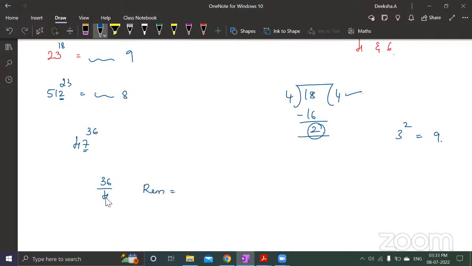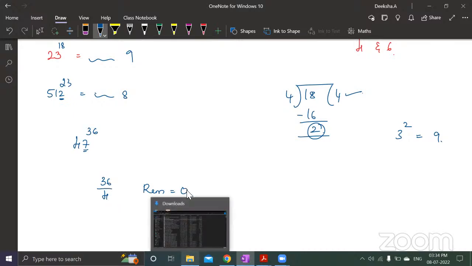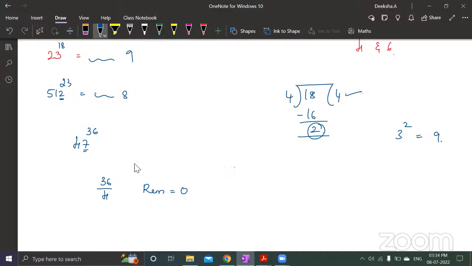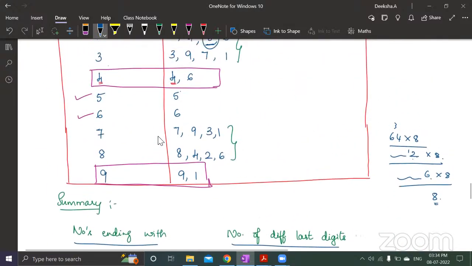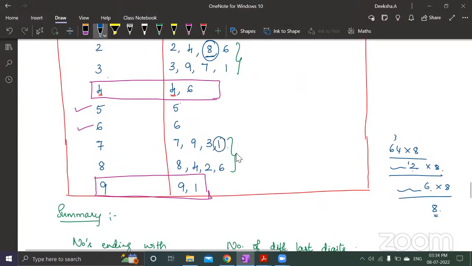What is the remainder? 4 9s are 36. Remainder is 0. This is completely divisible by 4. If the remainder is 0, then you should take whatever is the last digit of 7 power 4, which is 1. So 7 power 4 means last digit is 1.